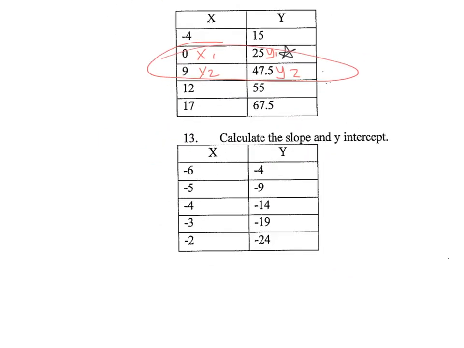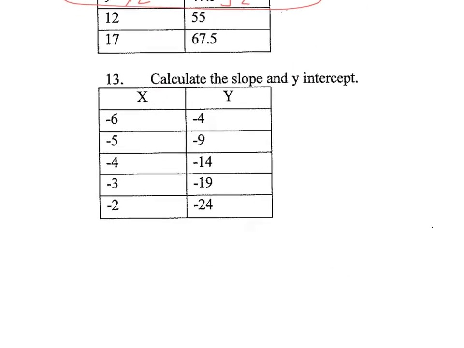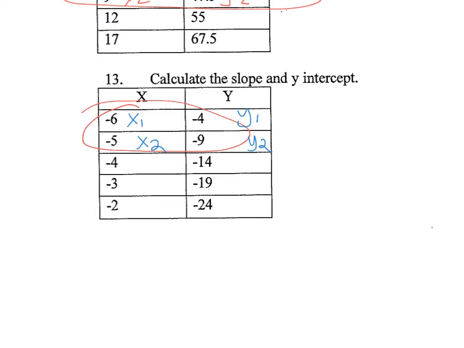Okay. This one was kind of weird. So I'm just gonna pick these top two. I'm gonna label x1, y1, x2, and y2. So I'm gonna do my formula, which would be y2 minus y1.